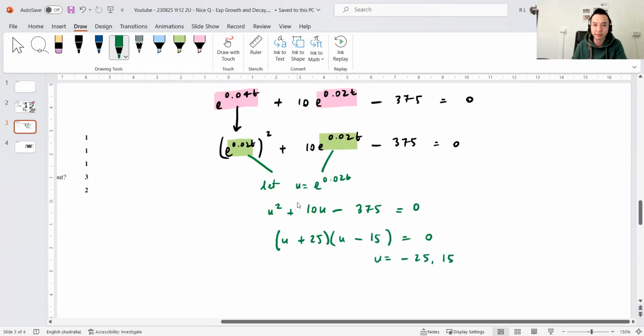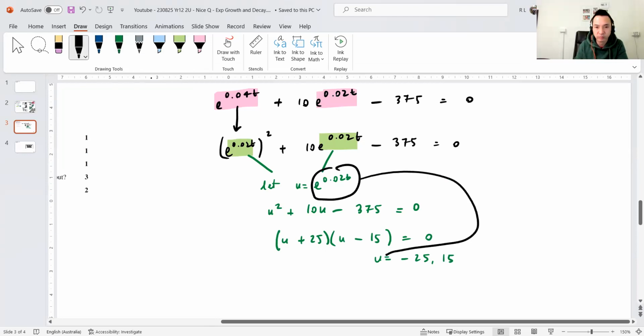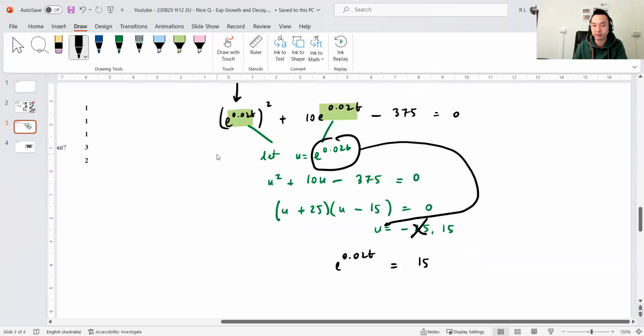Now, when you do this, sub the exponential back in. We know that exponentials can't be negative, so you can get rid of that solution. So e^(0.02t) equals 15 only, because e^x has to be greater than 0. So then take ln, and divide by 0.02.